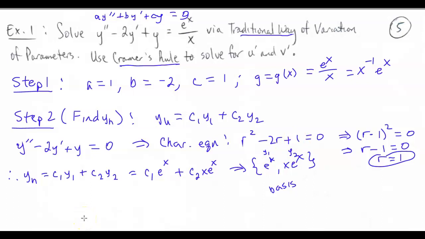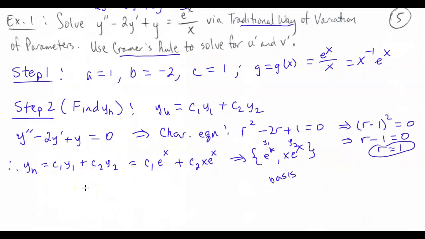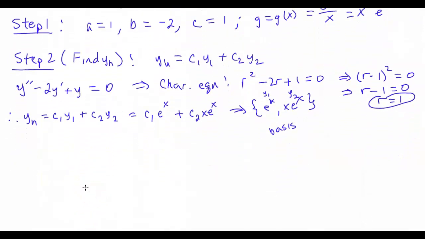Now that we have that together, the next thing that we want to do is solve that system of equations. So our step 3, we're going to solve the system of equations below.